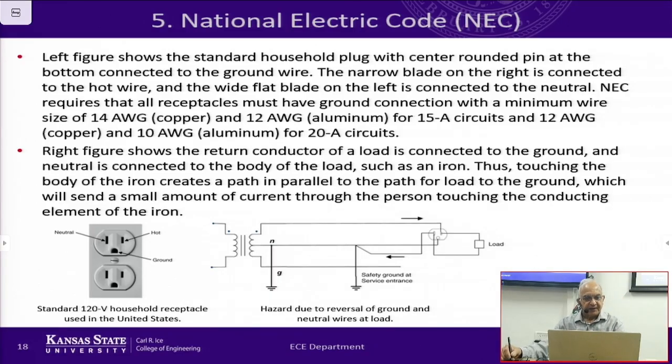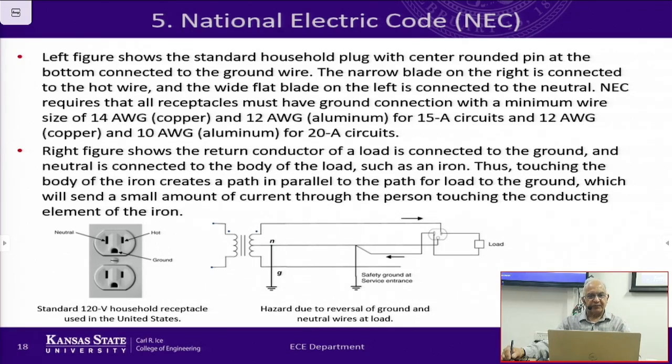And then the wire inside the house has to follow a certain rule, which is that the minimum size should be 14 AWG copper. AWG is the size of the wire, and the smaller the number is, the bigger the size is for some reason.